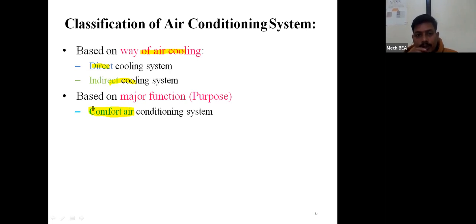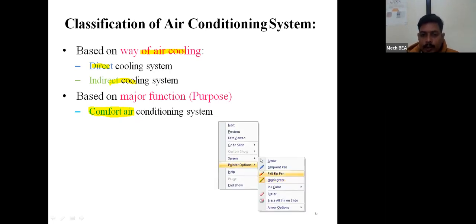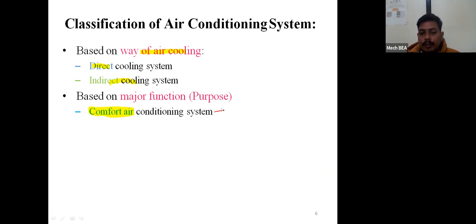That means those human beings will feel comfortable, and if they feel comfortable, their efficiency or working ability will automatically go on increasing. So for that purpose, if you are installing the air conditioning system, then that system will be called a comfort air conditioning system. The main purpose of comfort air conditioning system is to have human comfort.